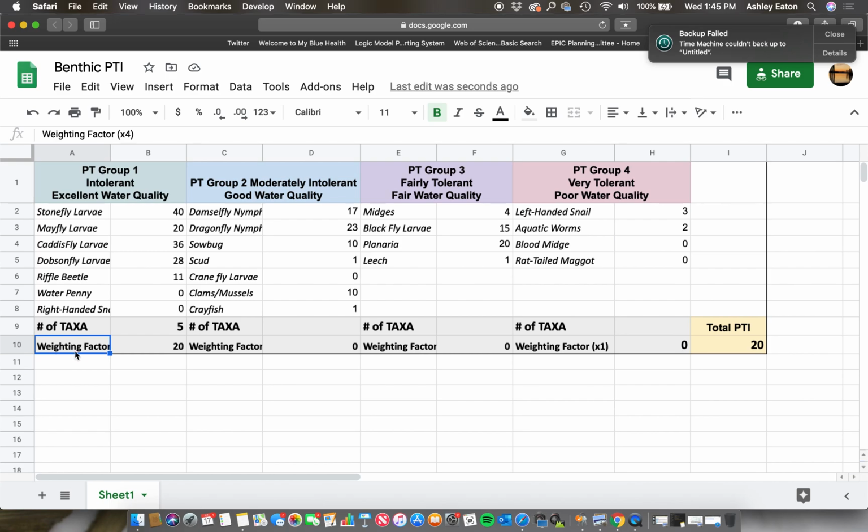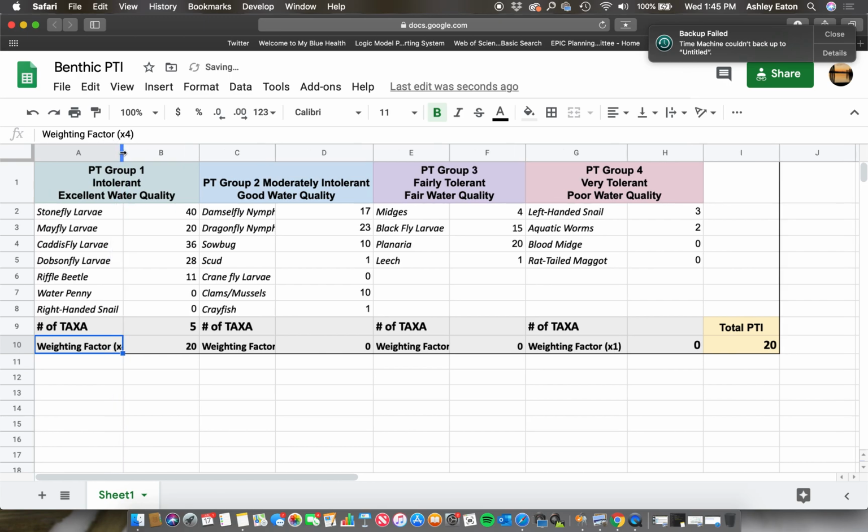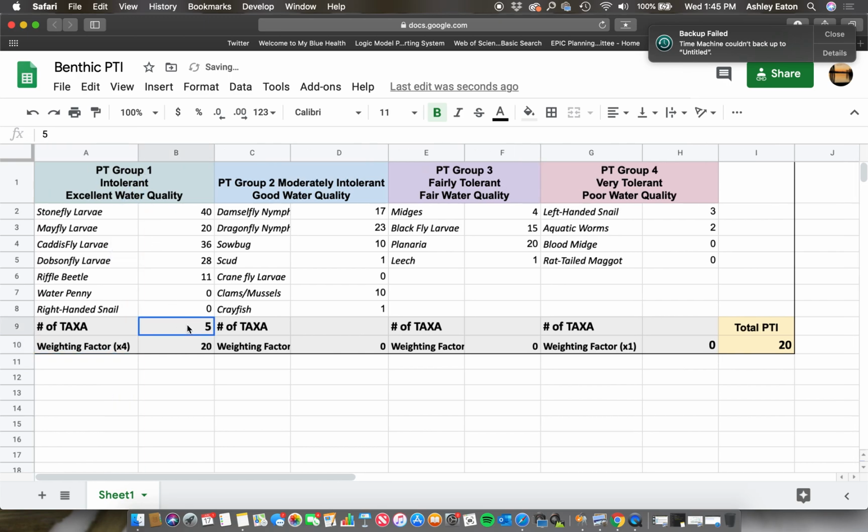And so the item that's located down here is the weighing factor. This is asking us to take the number of taxa and multiply by 4. The reason that we're doing that is because the organisms from group 1 are intolerant to pollution, and so they actually count a little bit more mathematically than the organisms that are collected in pollution tolerance group 4.